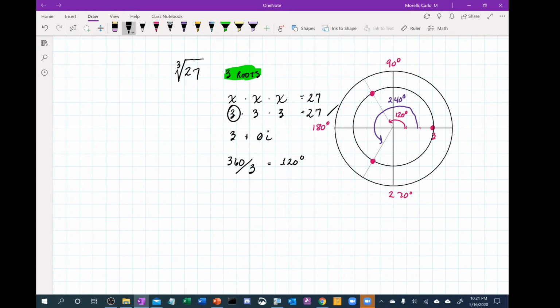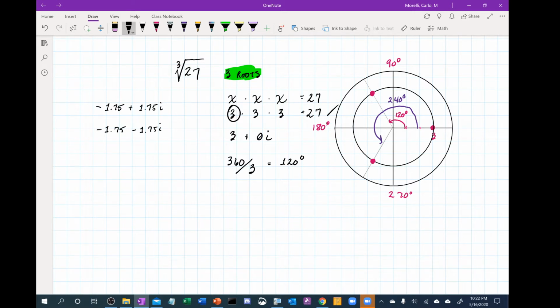My guess is that one of the roots is going to be negative 1.75 plus 1.75i. Okay, just a guess. We'll get it precise later. And then the other one's just opposite of that. So that would be negative 1.75 minus 1.75i.